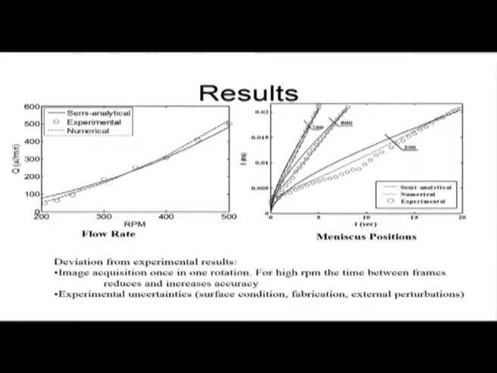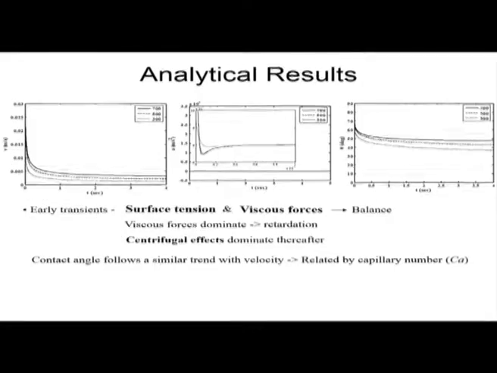If the disc is rotating at a high speed, then this time lag is short, and that gives you more consistent experimental data. That is one thing, but there are other experimental uncertainties like surface condition, fabrication, external perturbations, vibration, so many other things. So that means that even at high rotation speeds an exact match is not possible.